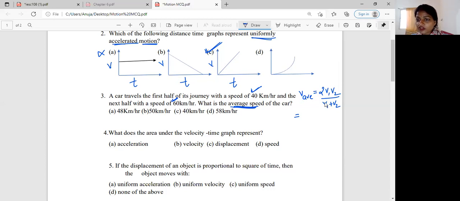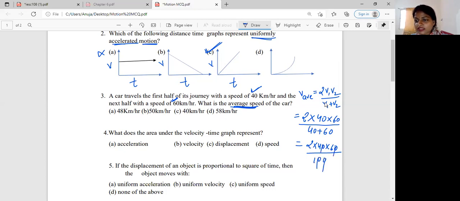So here V1 is 40 km per hour and V2 is 60 km per hour. So twice of 40 into 60 upon V1 plus V2, meaning 40 plus 60. Let's solve this. It becomes 2 into 40 into 60 upon 40 plus 60 is 100.